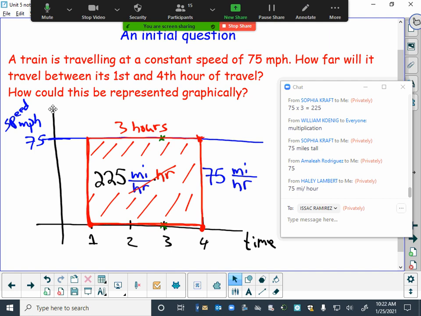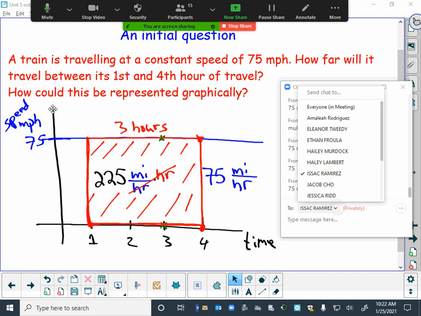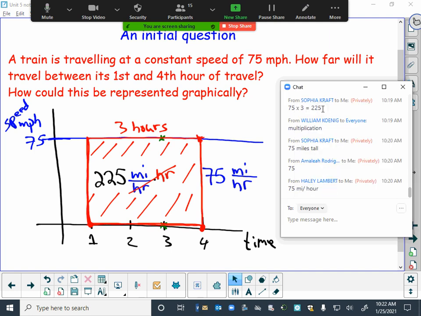It's important that that makes sense to us. Are we feeling okay about that? In the chat would be great, because that's what I can see from here.